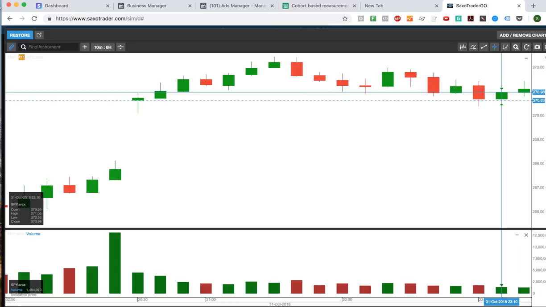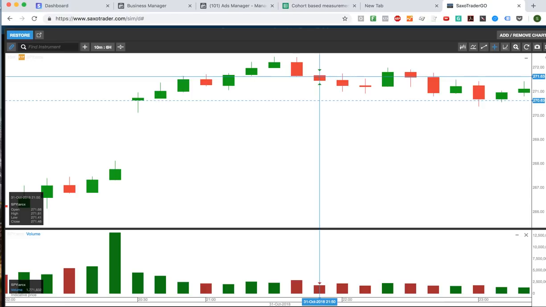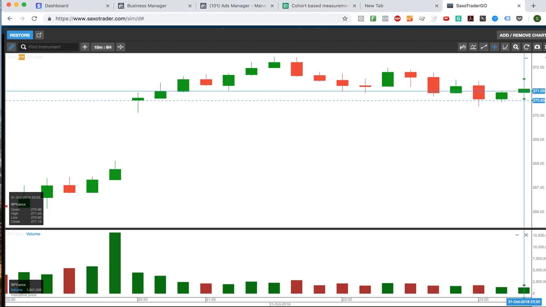We exit at close, so the close is 270.96, and our entry is 271.20. Okay, let me work that out. $196 and 271.12.